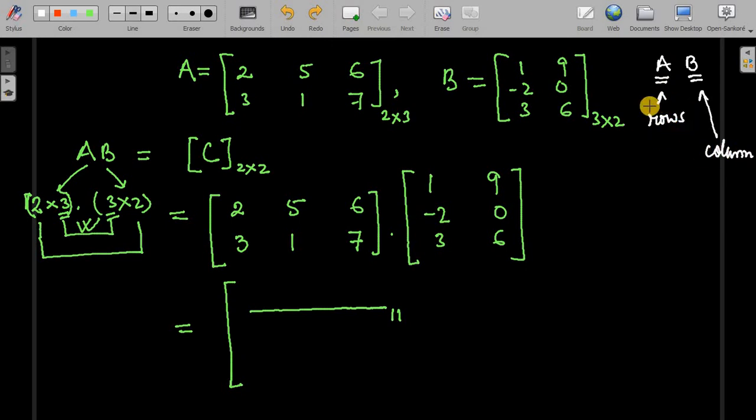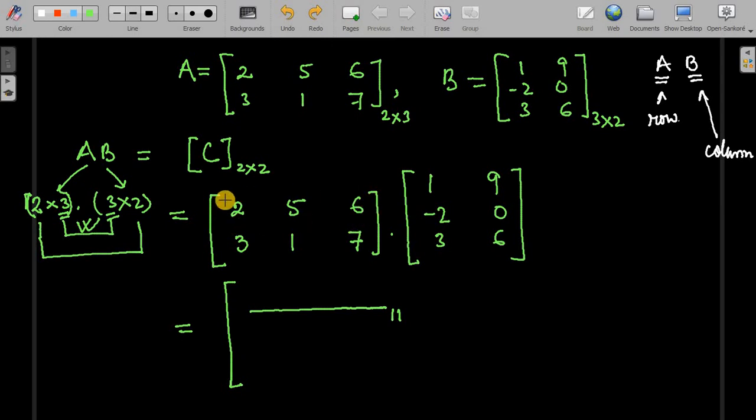From the first matrix a row is selected, and from the second matrix a column is selected, and then the corresponding elements of the row and column are multiplied and then added. So let us see what it means in this example.